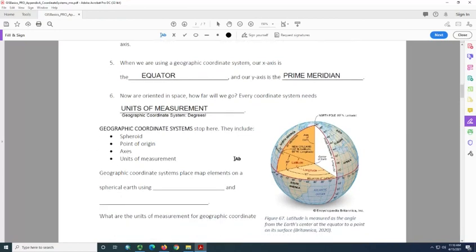If we look at the surface of the Earth, a 30-degree latitude means we are creating an angle with the center of the Earth and a location on the surface, and that angle is 30 degrees out of a total possibility of going from the center to 90 degrees at the top north, or the center to 90 degrees south, if we're looking at latitude. If we're looking at longitude, we can go from the prime meridian and open that up all the way to 180 degrees, all the way on the other side of the Earth.